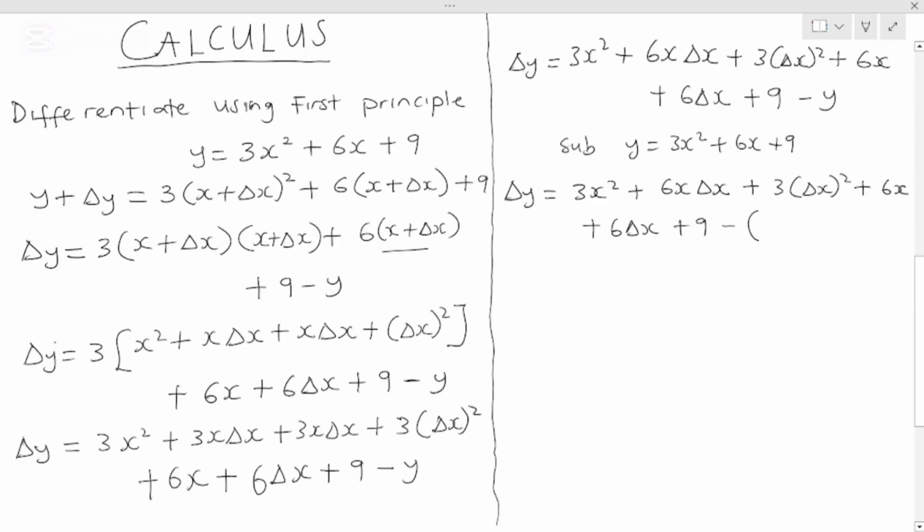Alright, so because the minus will be multiplying everything inside, minus (3x squared plus 6x plus 9).